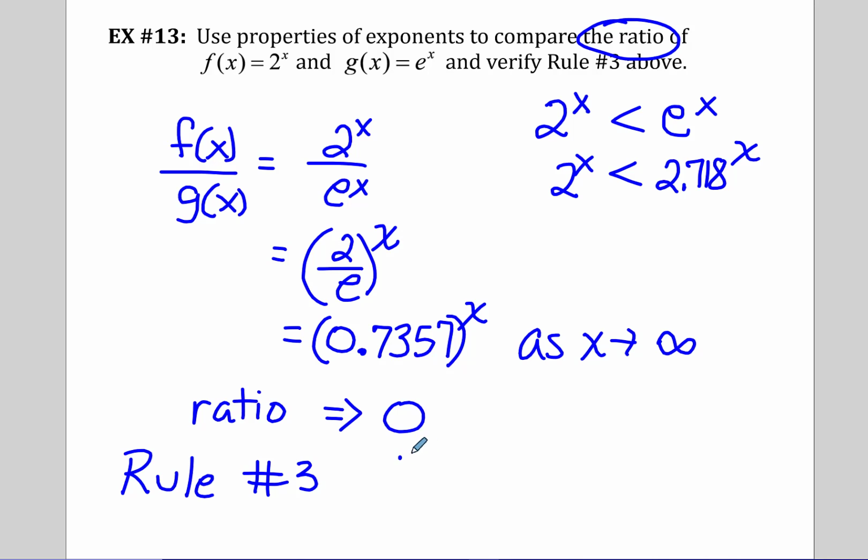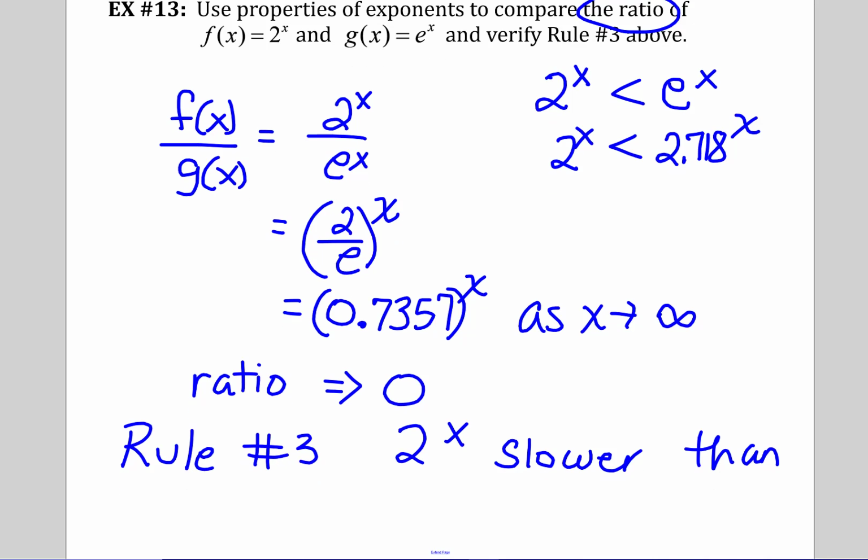Rule number 3 said that 2 to the x is slower than e to the x because the base of e is bigger than the base of 2, right?